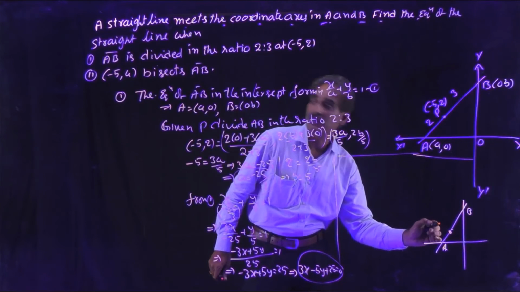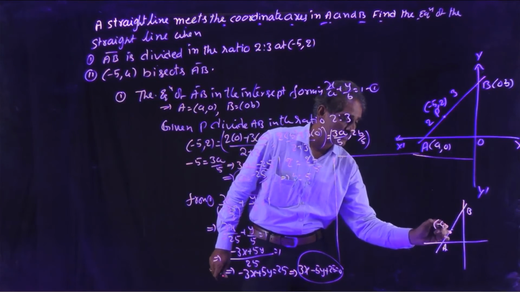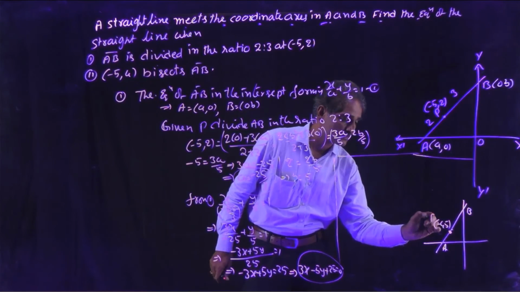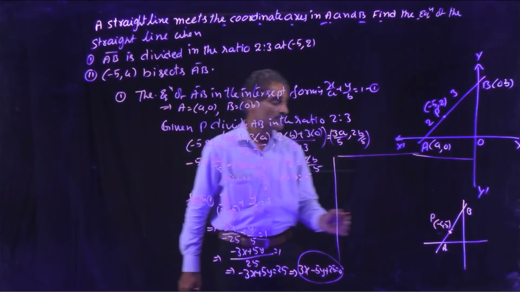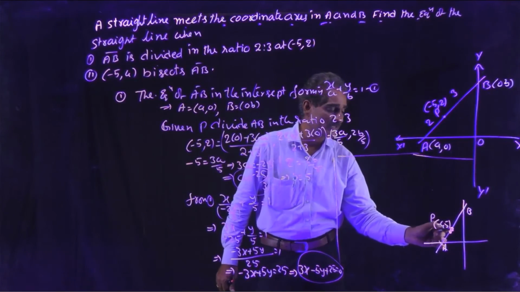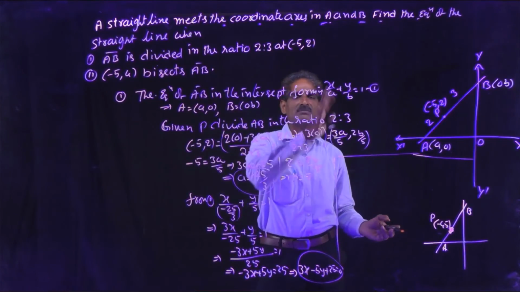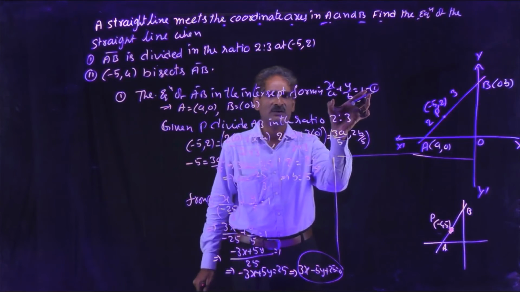Let us take this point to be some P, minus 4 comma 5. Given that this is bisecting AB, that means this is the midpoint of AB. That's all, just the same. Take the intercept form.